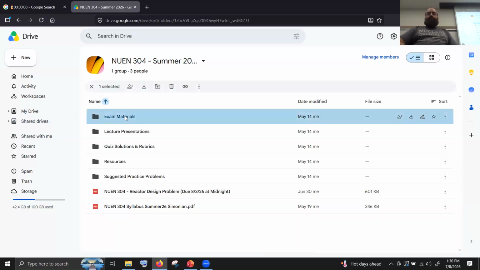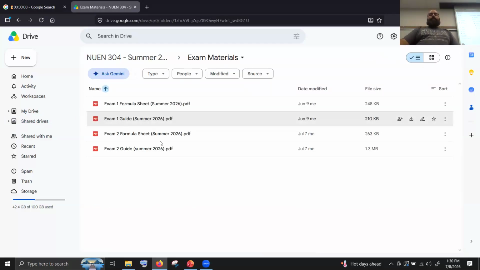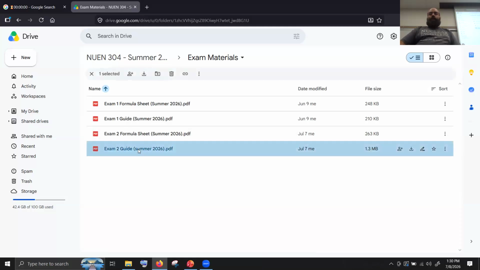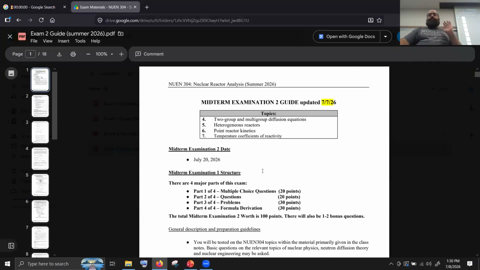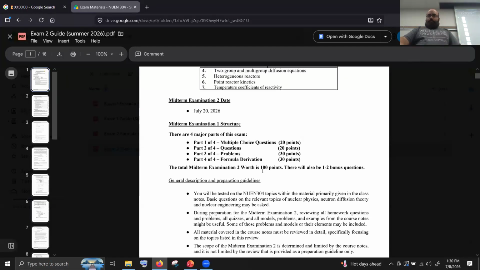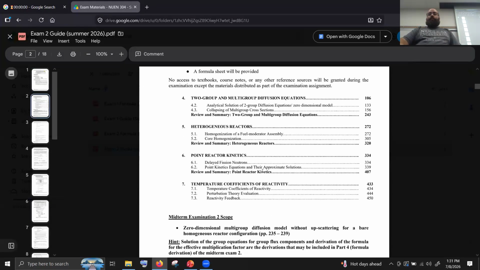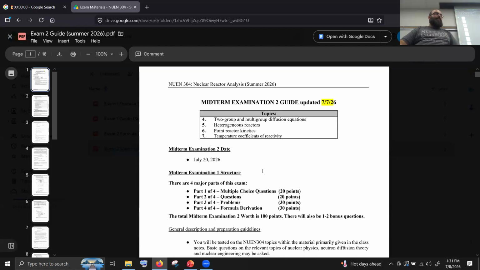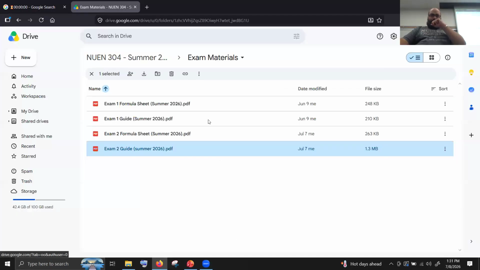If you go to exam materials, you can see the guide, which is basically the review. It tells you what the scope is, and it will give you some hints in terms of what kinds of derivations you would want to make sure you've practiced, because those might show up on the exam. That exam guide is there for your benefit.